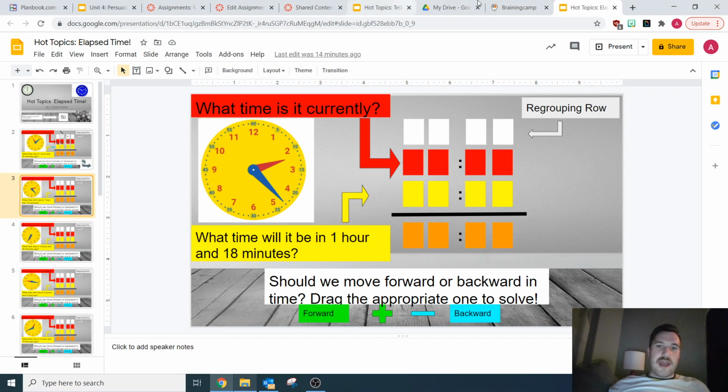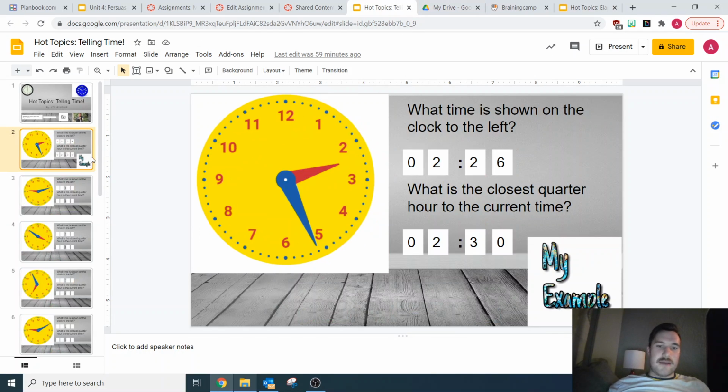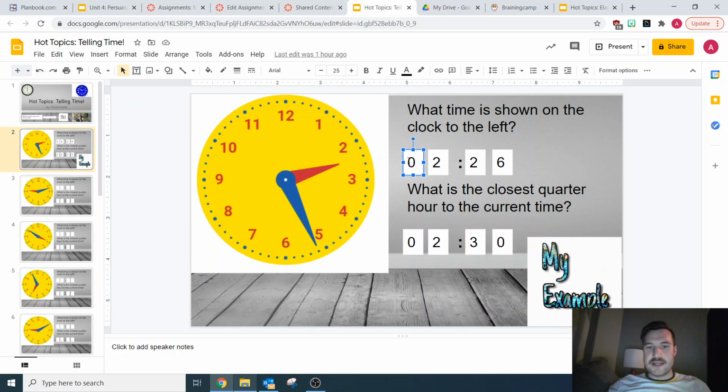So you're going to look at your clock and say, okay, this hour hand is between 2 and 3, so the hour is 2. Now I've got two boxes here. We don't have anything here in the first box, so we can just leave it blank or put a 0. So it's 2, and then our minute hand, each big number is 5 minutes.